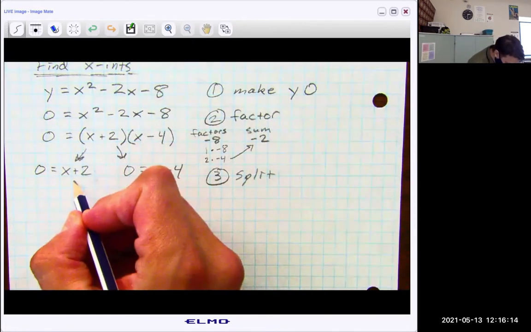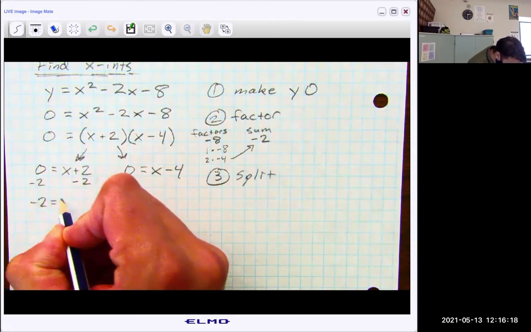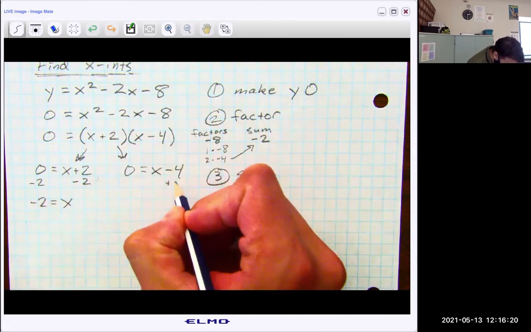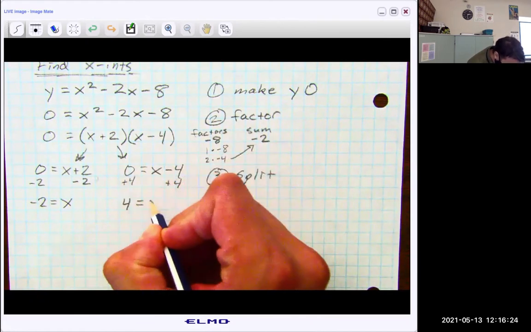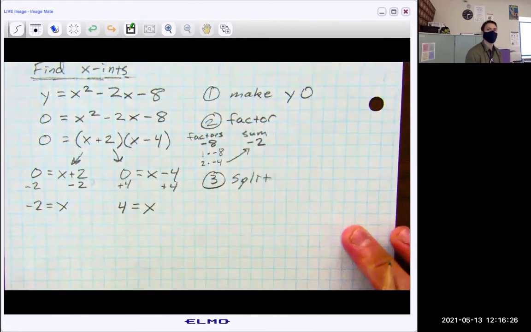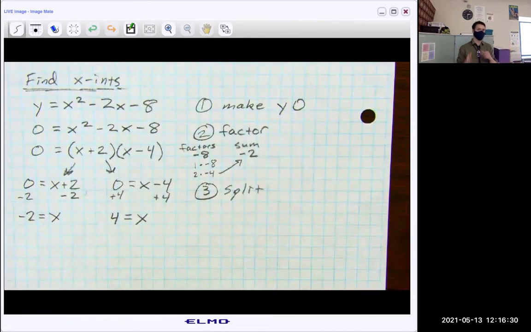Now we can do inverse operations. Let me subtract 2 from both sides. I get -2 equals x. Over here, I add 4 to both sides. So I get 4 equals x. So to get our polynomial to equal 0, we either need a -2 or we need a 4, or if they're both 0, that works too. But we need one of those.